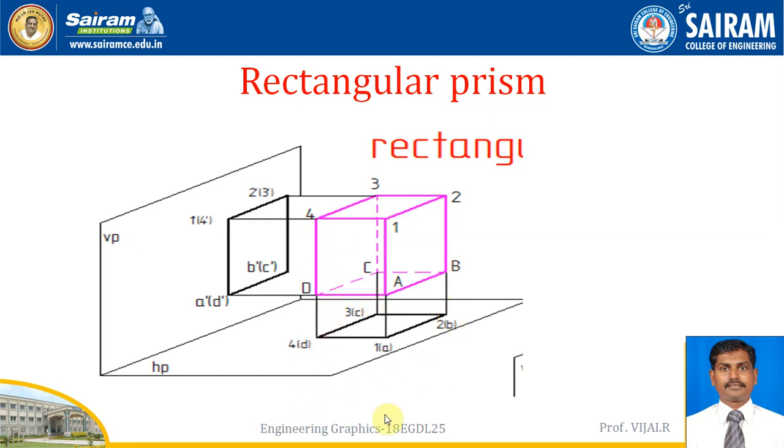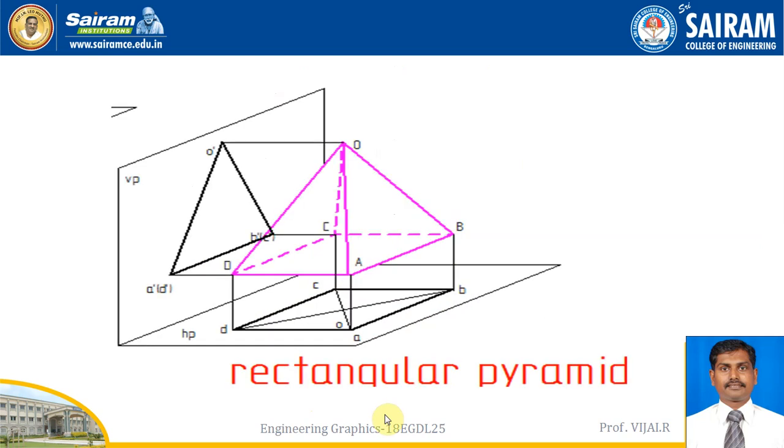So this is the rectangular prism, and the pyramid goes the same way. This is the front. The observer is seeing from the front, because this is a horizontal plane and this is a vertical plane. We are keeping the pyramid here.